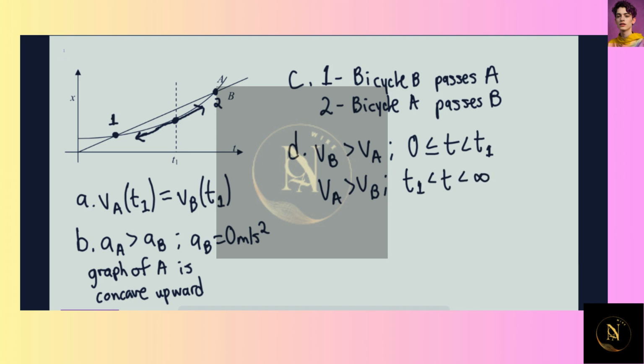And so for part E, we want to see the average velocity. Here, the bicycles appear to have the same average velocity, because if the starting point of the graph for a particular bicycle is connected to the ending point with a straight line, the slope of that line is the average velocity.